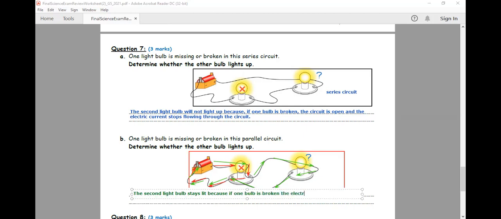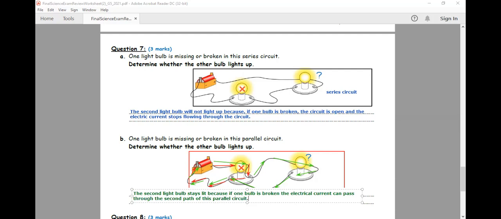The electrical current can pass through the second path of this parallel circuit. This is a parallel circuit, and there are two pathways for the electrical current.